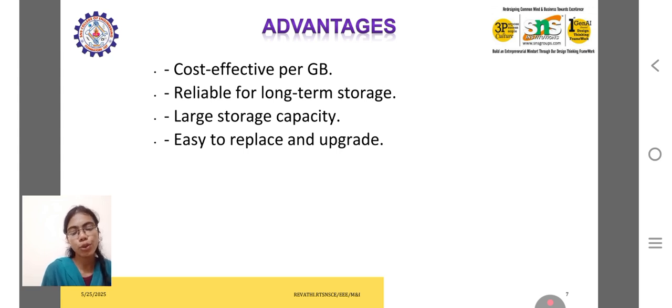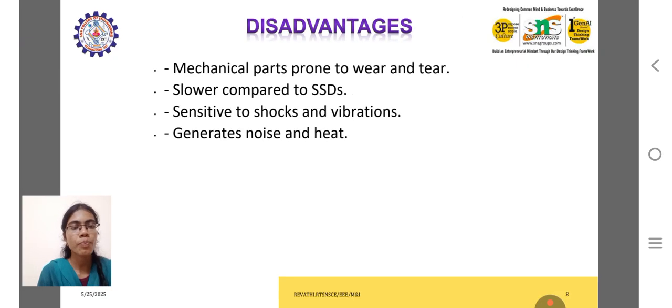If you have the oldest version, you are able to upgrade it to the newest version, so it is easy to replace also. The main disadvantages are, when compared to SSD, hard disk drives are much slower in response. They generate noise and heat, and are sensitive to shocks and vibration.